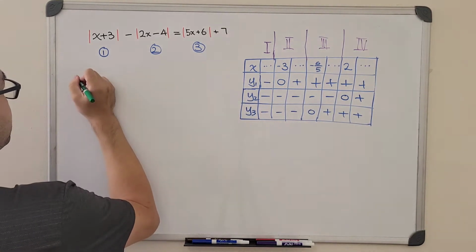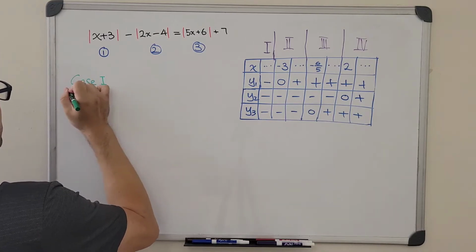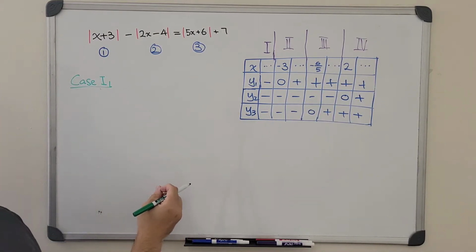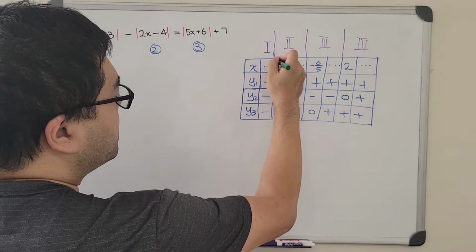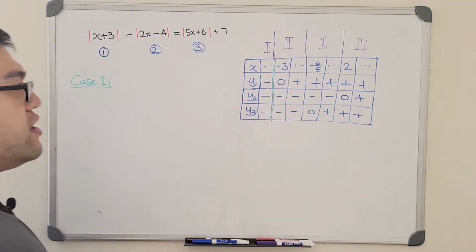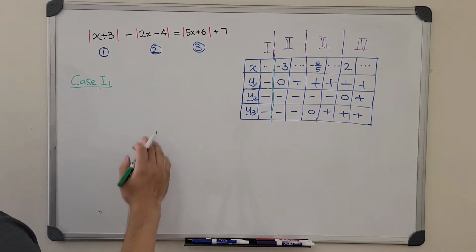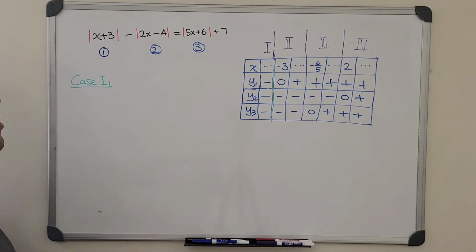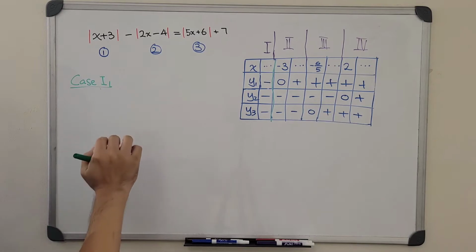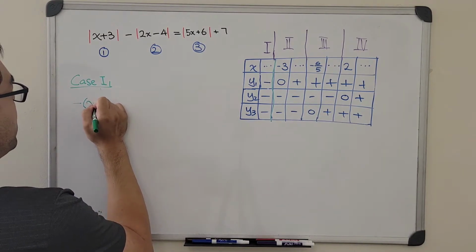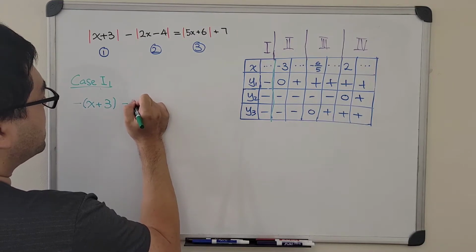Now, if we consider case number 1, we see that for the first term, the second term, and the third term, they all will get the negative value inside of the absolute value. Meaning, if we need to rewrite the equation, we need to give a negative in front of every single term, such that we will get this. Got another negative.